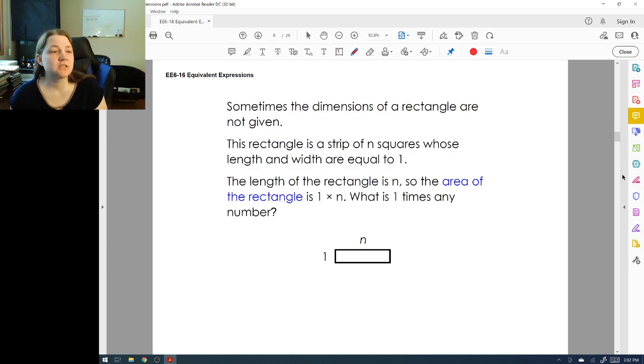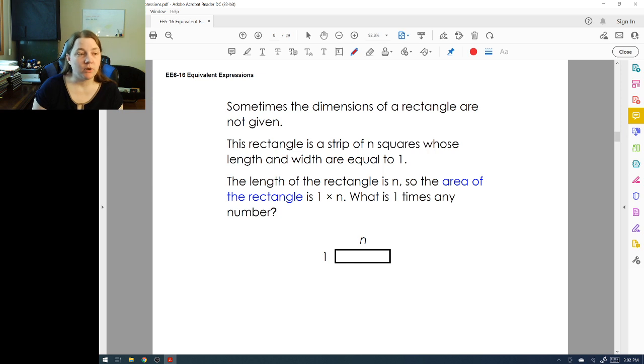Sometimes the dimensions of a rectangle are not given. This rectangle is a strip of n squares whose length and width are equal to 1. The length of the rectangle is n, so the area of the rectangle would be 1 times n. 1 times any number is just that number.